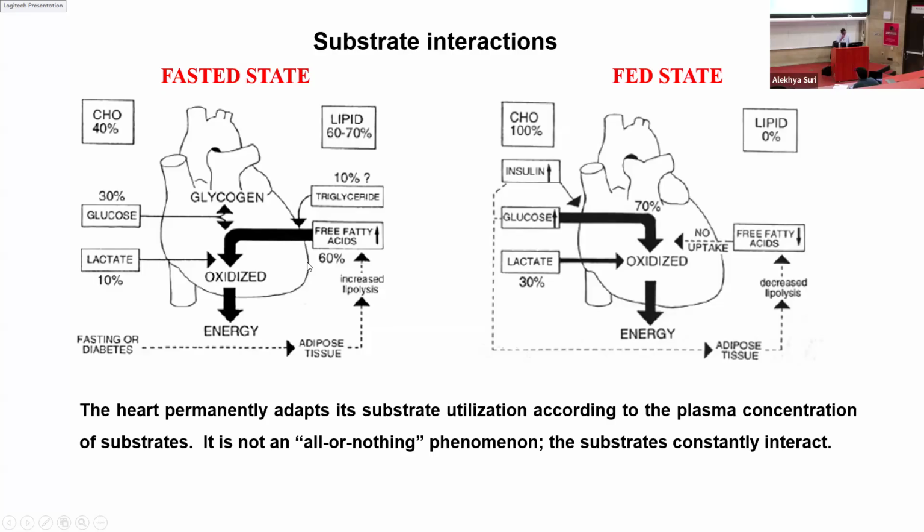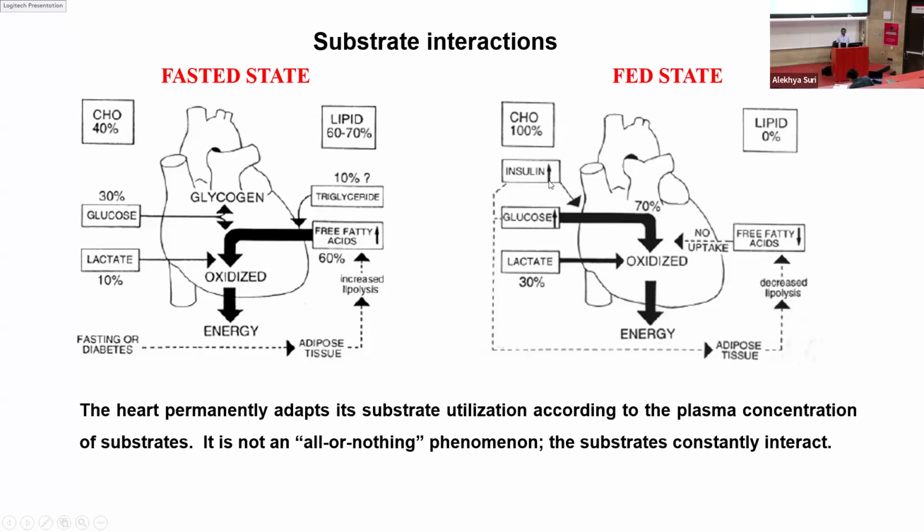So during the fasting state, fatty acid is the major energy source for the heart. And whatever glucose comes in at that time will be minimally utilized, or it will be stored in the form of glycogen.